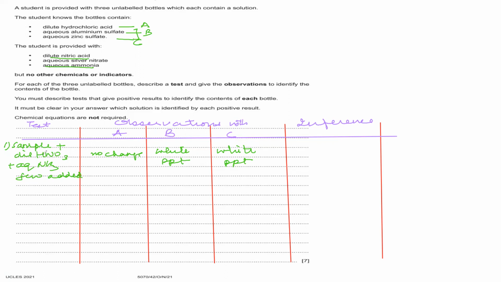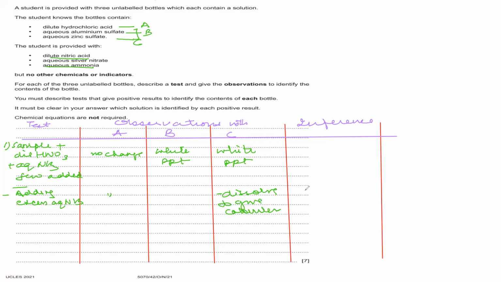Now, what we'll do next is add excess of aqueous ammonia to the same sample, right? You will write it down to the same sample. Again, we'll see no change in A, but what will happen if the white ppt dissolves to give a colorless solution?